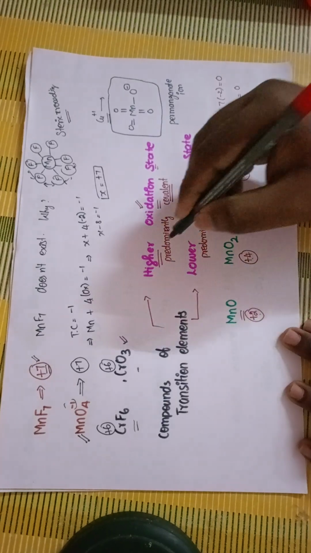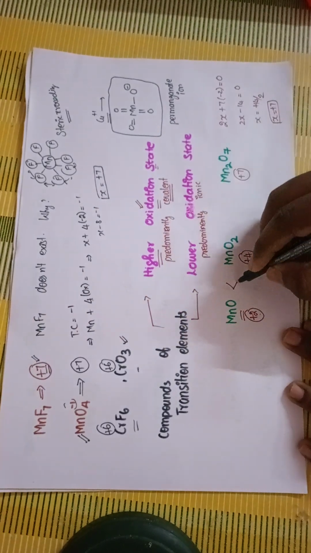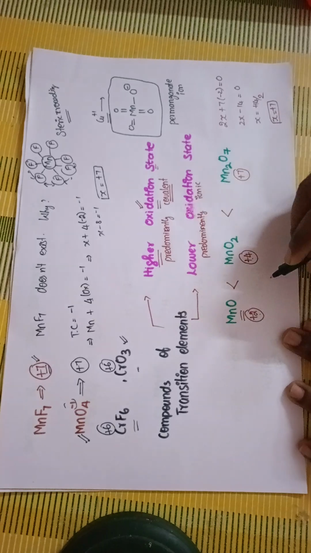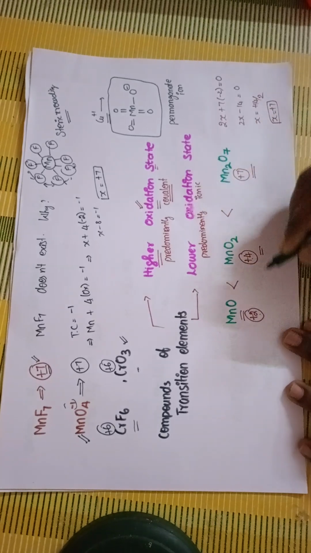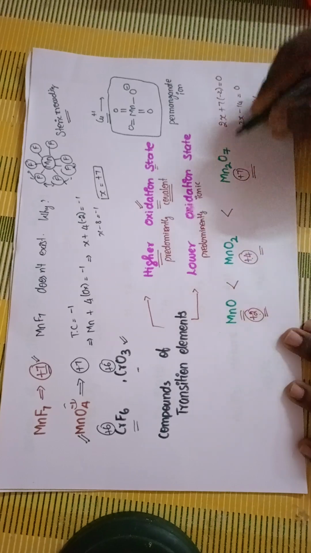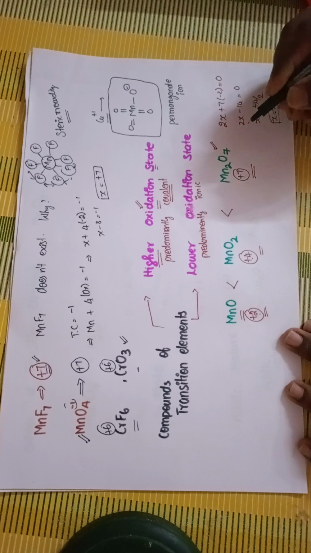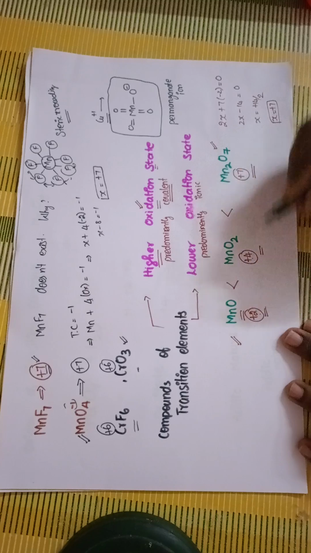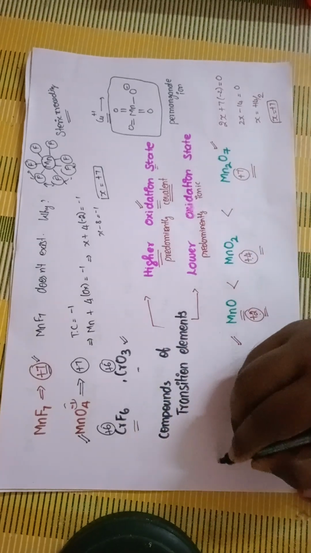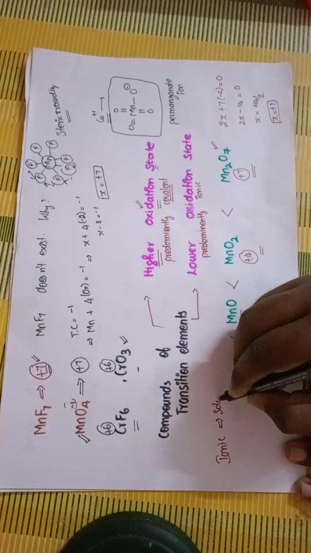Positive charge increases, higher oxidation state: +2, +4, +7. As the oxidation state increases, covalency increases. So this will be predominantly covalent compared to this. Covalency will be most observed in Mn2O7, while this will be predominantly ionic. An ionic compound will be readily soluble in water.